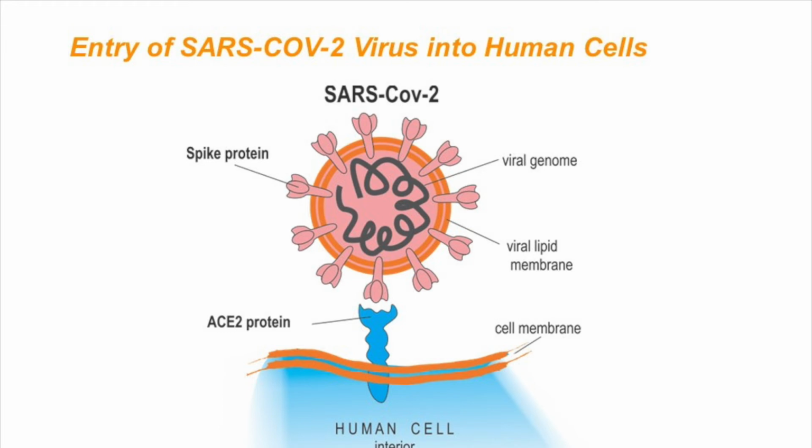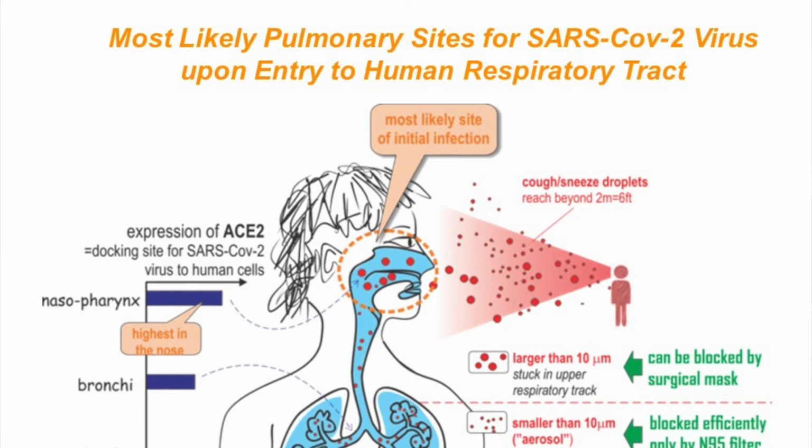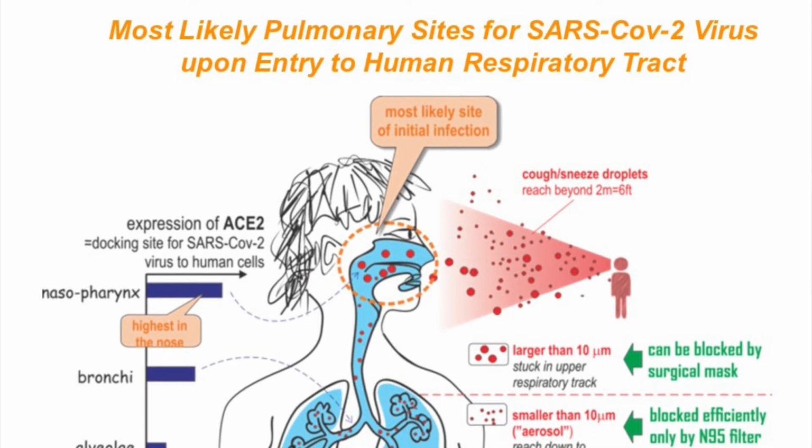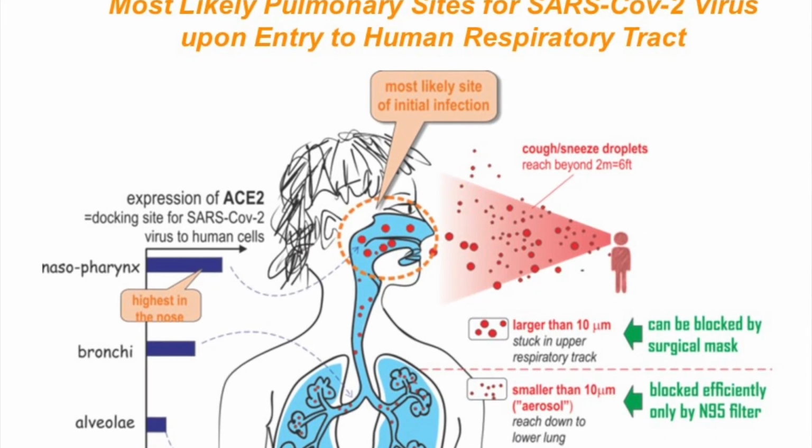In the next slide, slide 44, we'll look at the most likely pulmonary sites for the coronavirus upon entry to the human respiratory tract. The most likely site of infection, because of the cough and sneeze droplets that reach 6 feet or so, is actually the nasopharynx region.